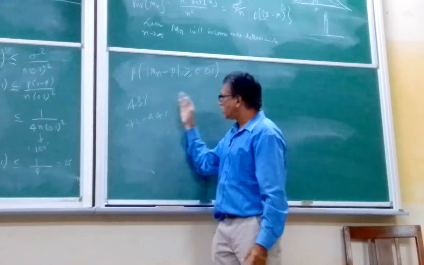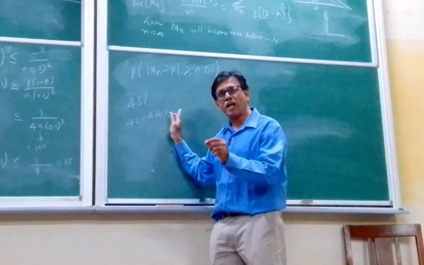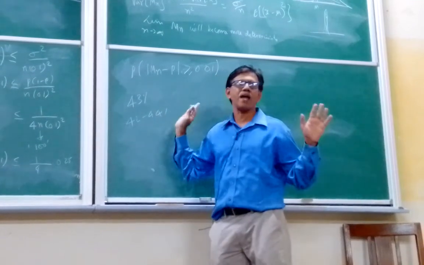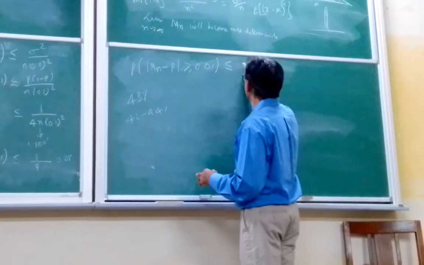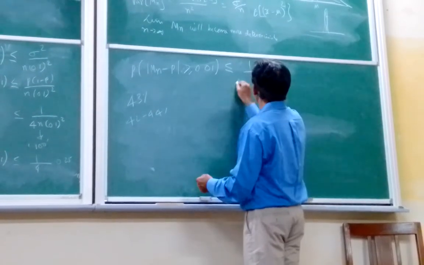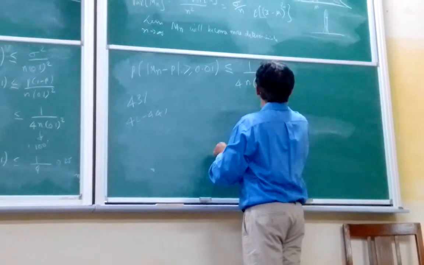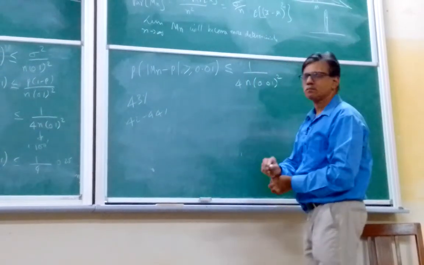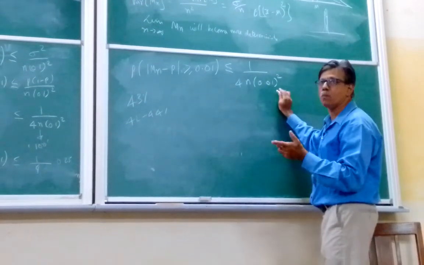For it to go beyond this range, that probability has to be very, very small. Then I have confidence. That is what we are trying to do. And that has to be less than, again you will put the same number, 4 into n into epsilon, the whole square.